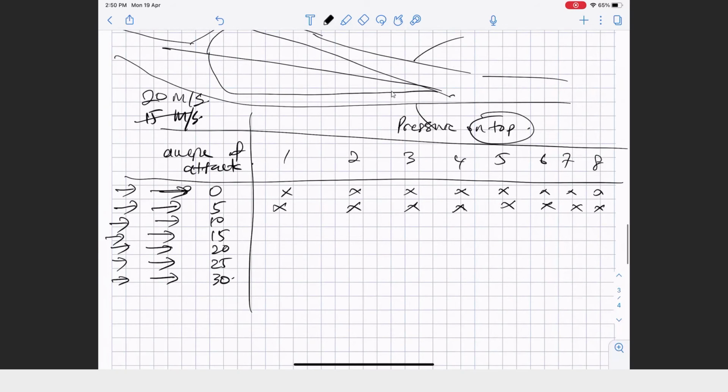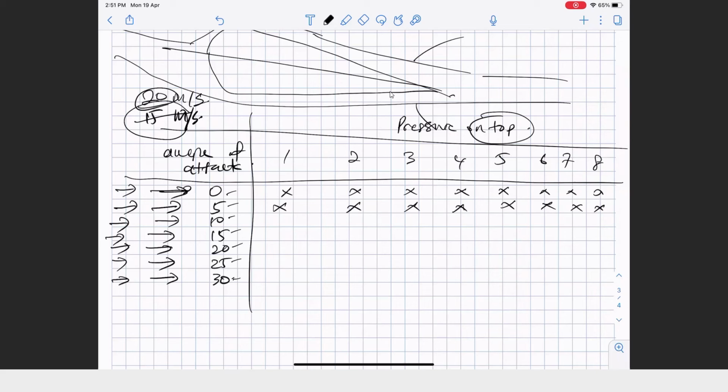Basically for 15 meter per second, you will have 7 graphs of CP versus your point, 1 to 8. And then you have 20 meter per second data, so that is 7 times 2, that is 14 graphs.